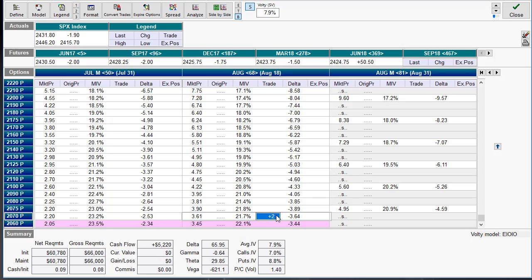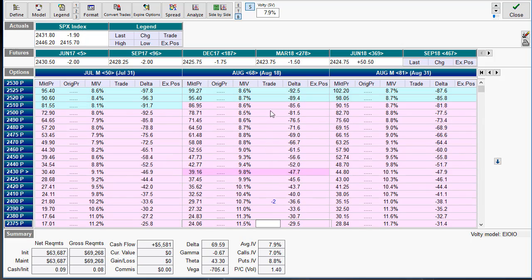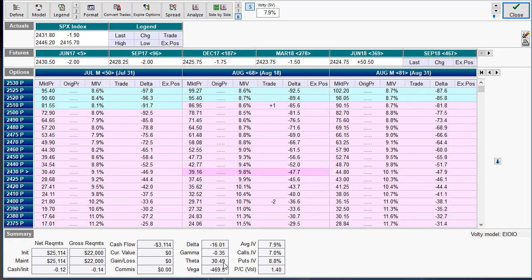Or I can say, well, let me put 1 way down here, and I'll put 1 up here. All right, so again, it gives you the T+0 flatness to start out with, but by widening out this butterfly, you accomplish 2 things. You really maximize your theta.